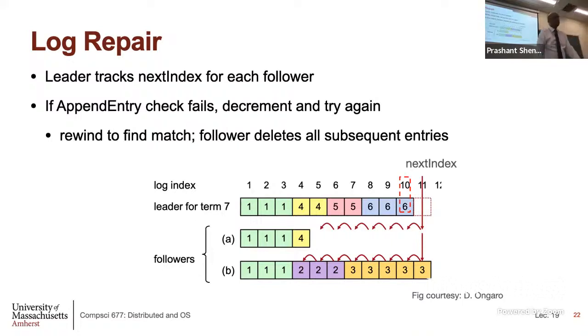The question is: is there any scenario where you have a matching entry with the leader, but there may be inconsistencies before it? That scenario should not occur if you always follow this property, where you have a matching entry and then you just get the remaining entries from the leader, so that you have the same entries as the leader, or you have extra entries and you go back and throw out the rest.